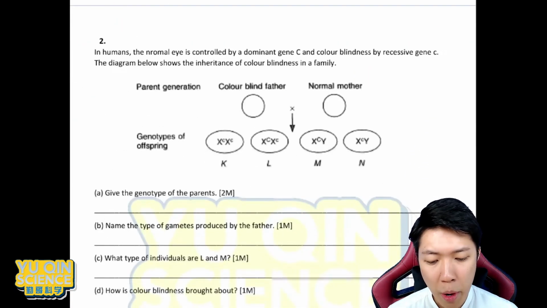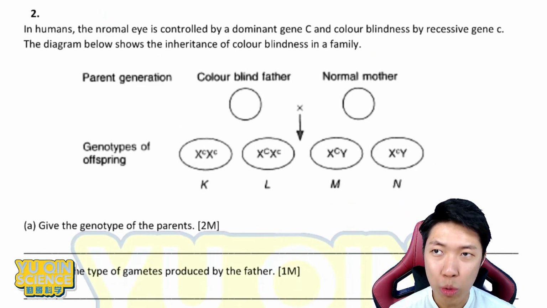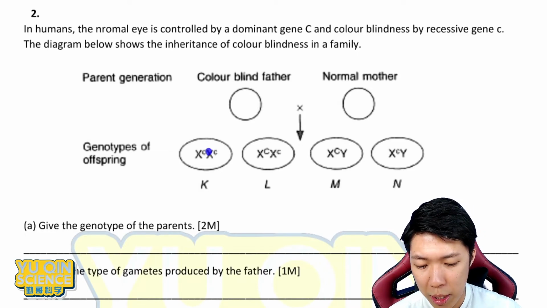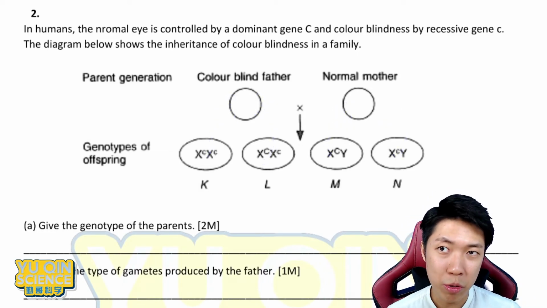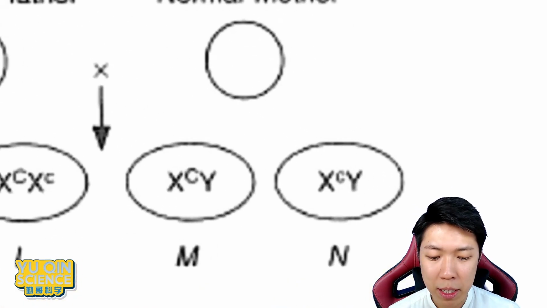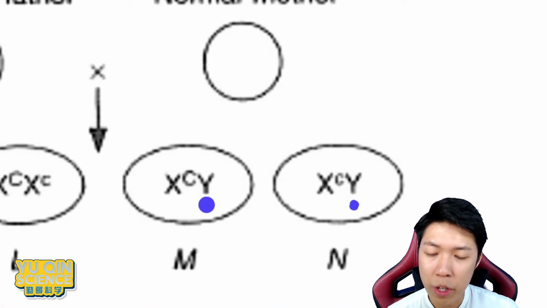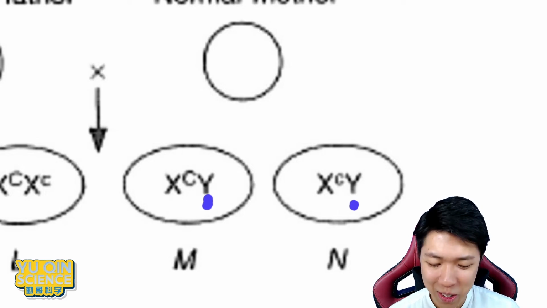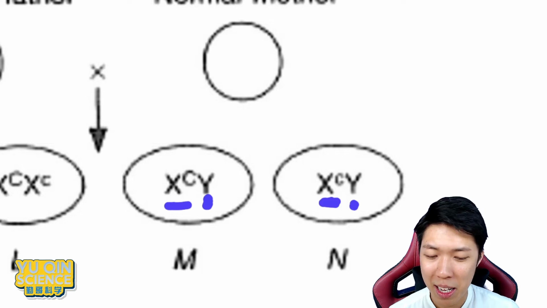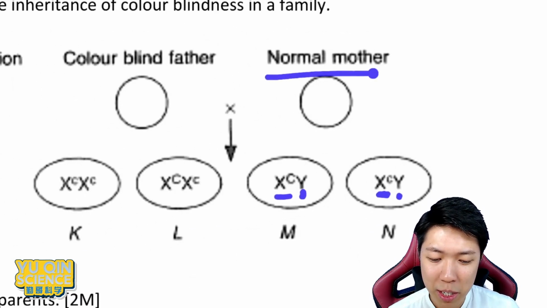Okay. I have one more for you to try, question number 2. A bit challenging because you have to work backwards to find out the parents. I give you a little bit of tips to help you. Remember, my tip here is Y is always from daddy. Then you know X is from mommy. Anyway, the description is already here for you.